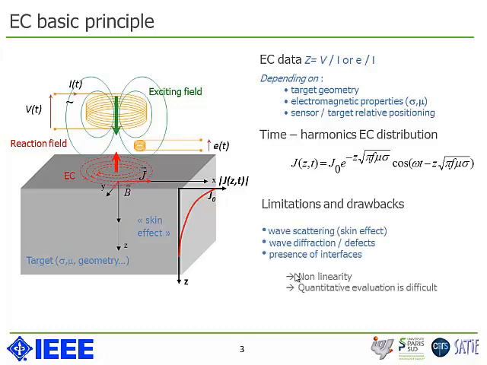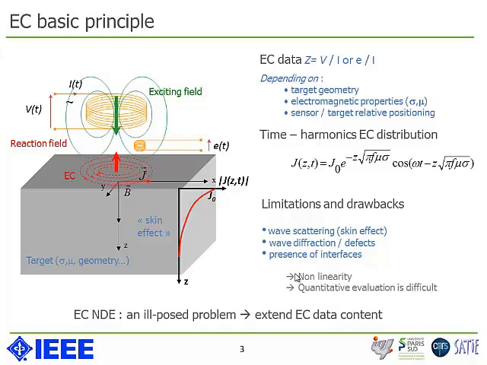Added to other limitations and drawbacks, generally speaking, it is quite difficult to elaborate a quantitative evaluation of the parameters of the target starting from the available eddy current data. In other words, eddy current non-destructive evaluation techniques are known as an ill-posed problem, and one step could be to try to bypass these limitations.